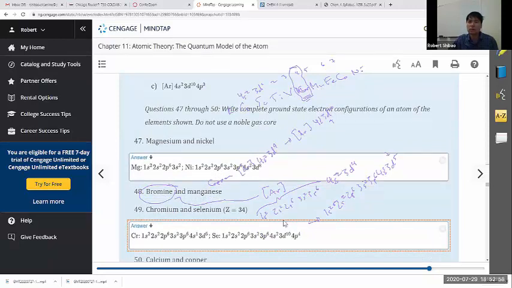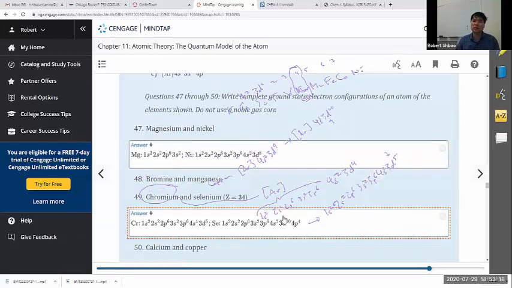The common charges of chromium are actually +2 and +3. If it's +2, then we knock out the 4s1, and then we knock out 1 of the Ds. And for +3, we knock out 2 of the Ds and the S. That is kind of weird. Let's discuss more in Chem 1A and Chem 1B. I don't want to get into it in Chem 4.